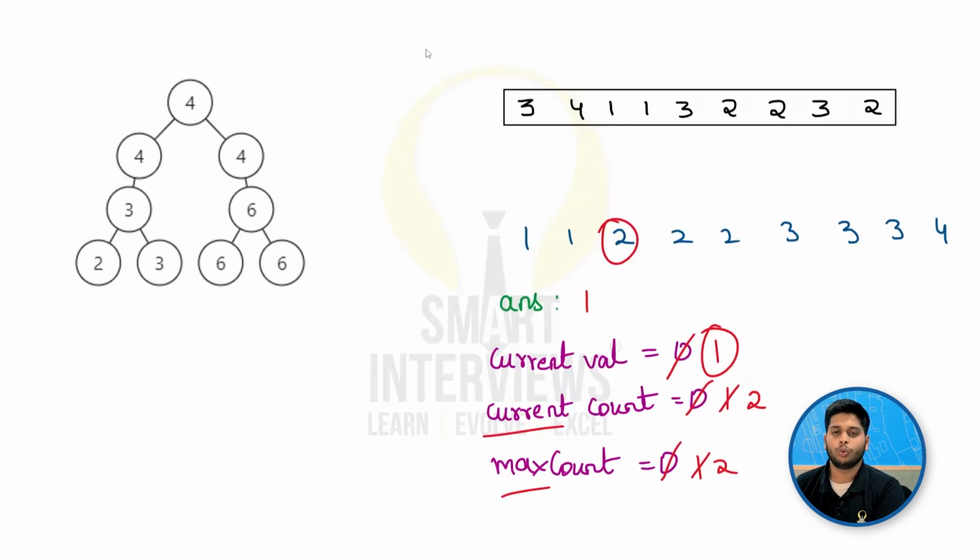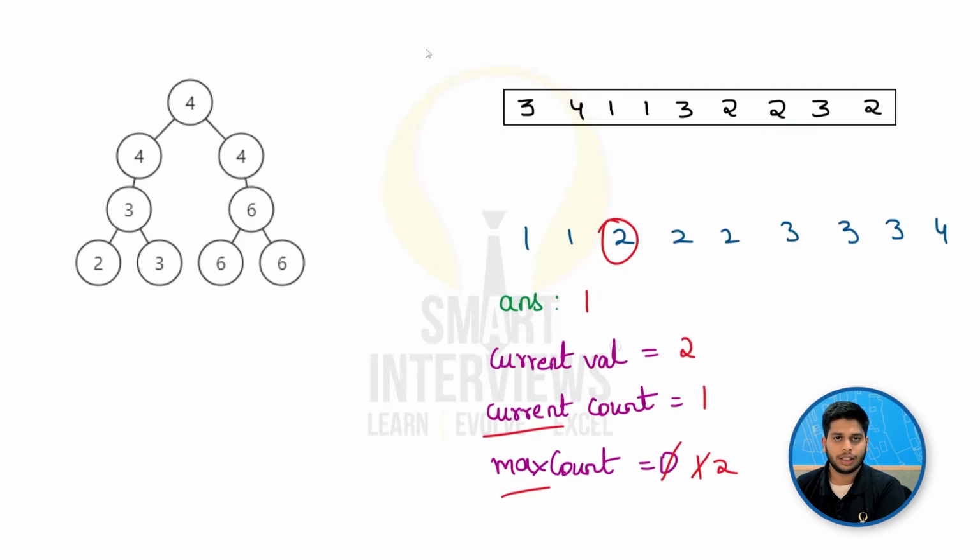Of course not. Why? Because the array that we are having is sorted. Now let us move ahead and update the value to 2. Right? And since we updated the current value, we are also supposed to reset the count back to 1. So update the current count back to 1.